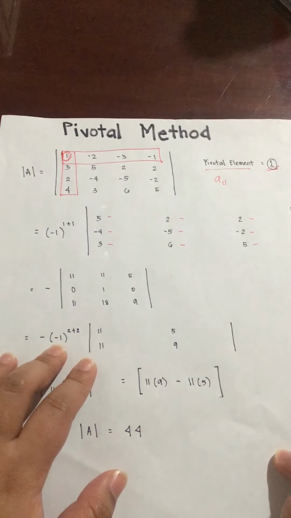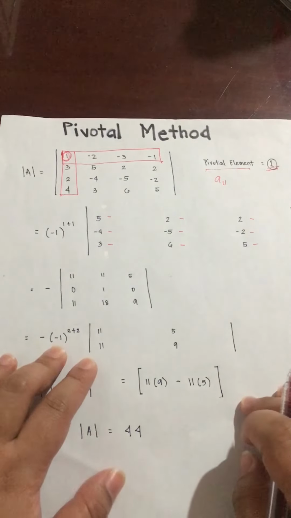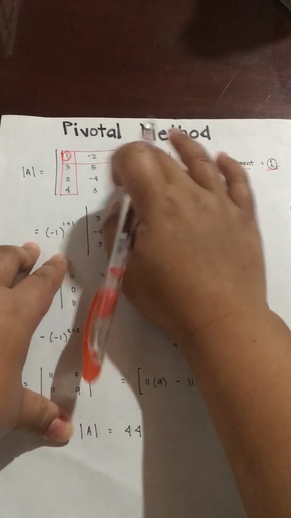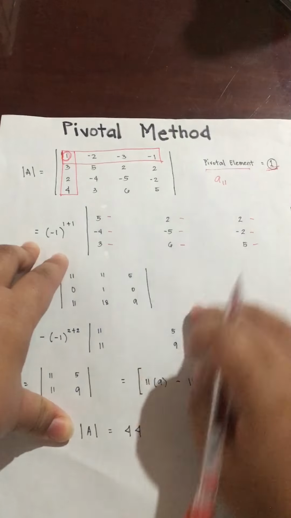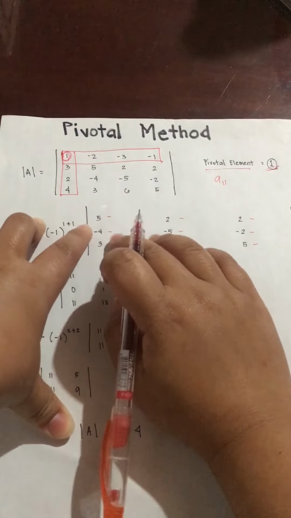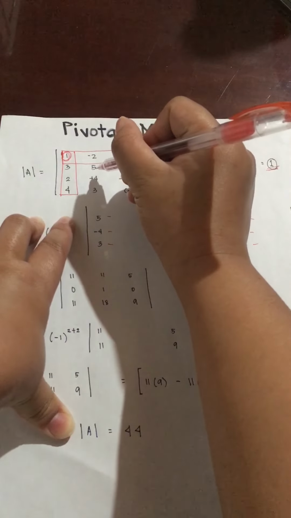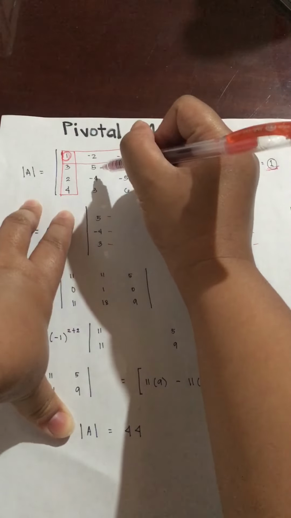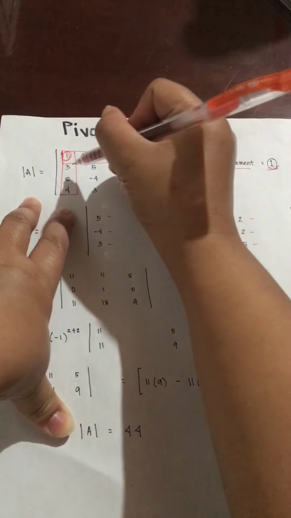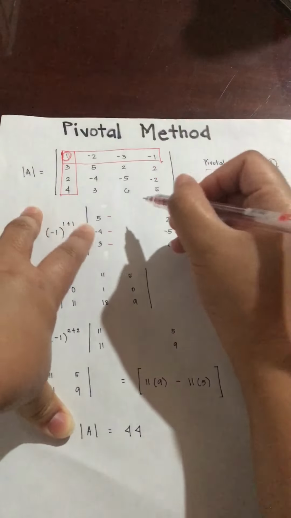Isusubtract natin sila sa product of elements in the pivotal rows and column that fit the remaining entry, or yung nag-i-intersect sa remaining entry, which is here, itong mga to. Yung mga nag-i-intersect dito. For example, here, sa ating 5, ito yung 5. Yung nag-i-intersect na row and column na ipaproduct natin is yung 3 and the negative 2.